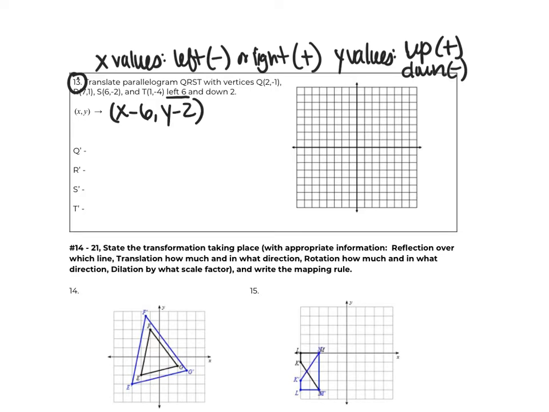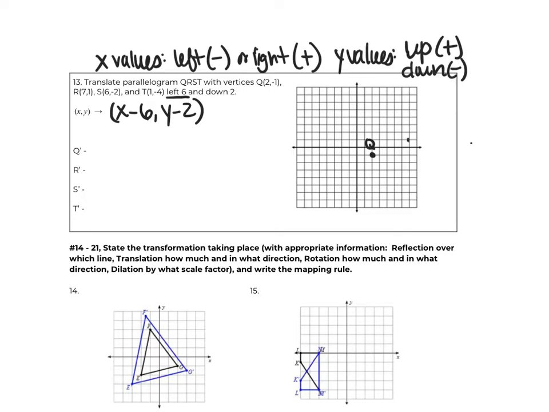Okay, you can either graph this on the plane and then figure your new coordinates based on just moving it, or you can figure them from that mapping rule and then kind of go back to the graph. So I'll show you what I mean here.